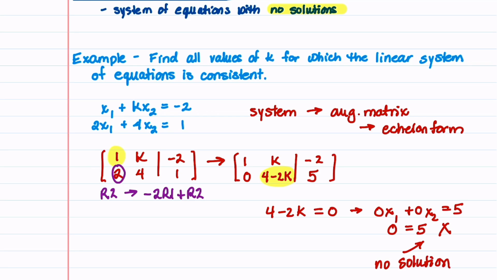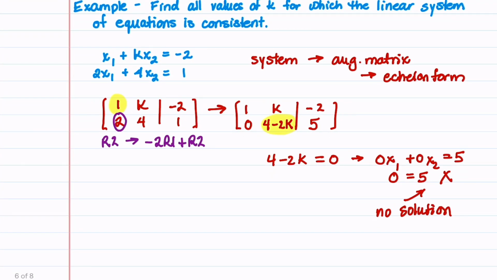Our problem asks to find the values of k for which we have a consistent system. In other words, for which we have a solution. So what we're going to do is require that we don't have no solution.